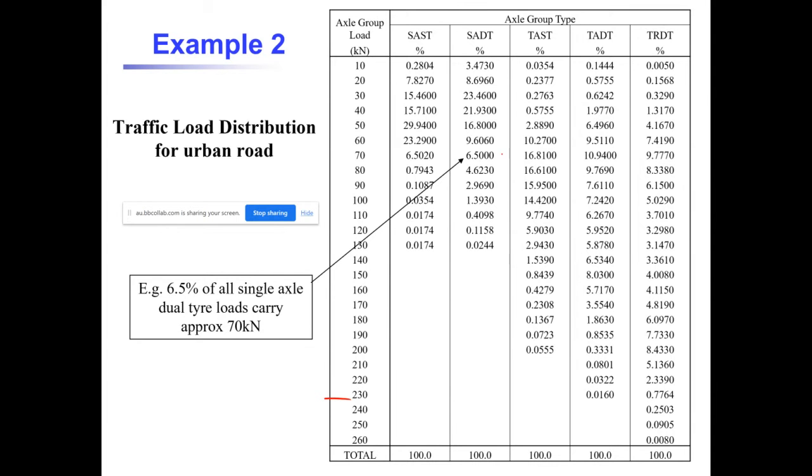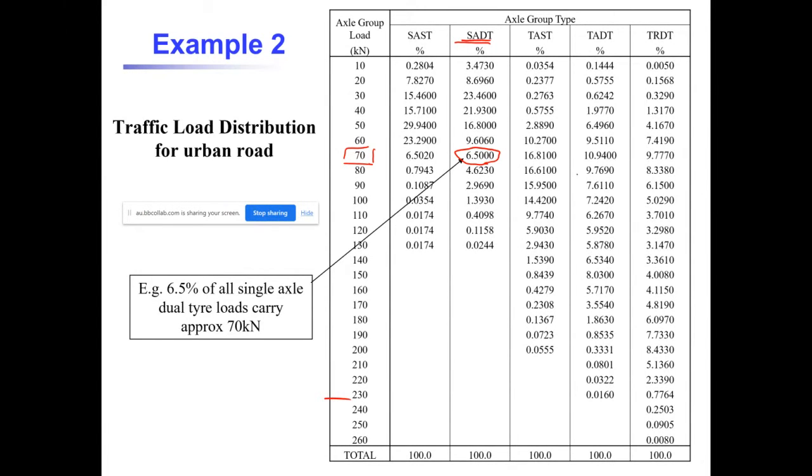The information that we get from this table is that, for example, here, it means that 6.5% of single axle dual tires carry the weight of approximately 70 kilonewton.